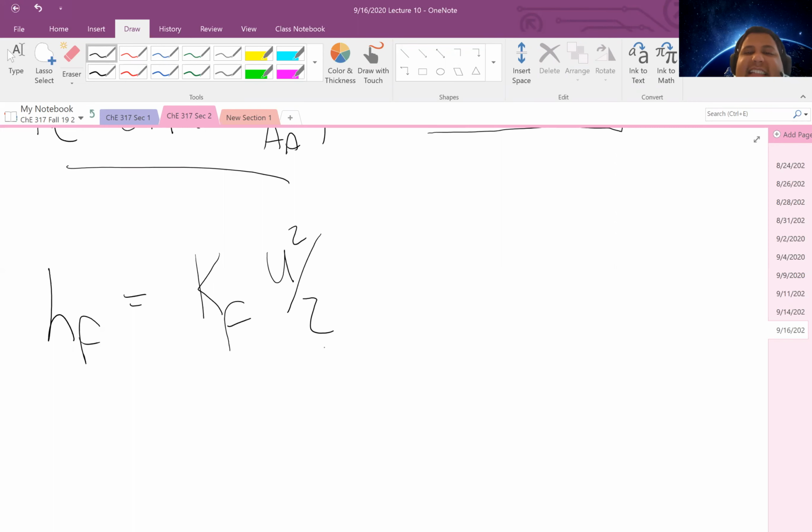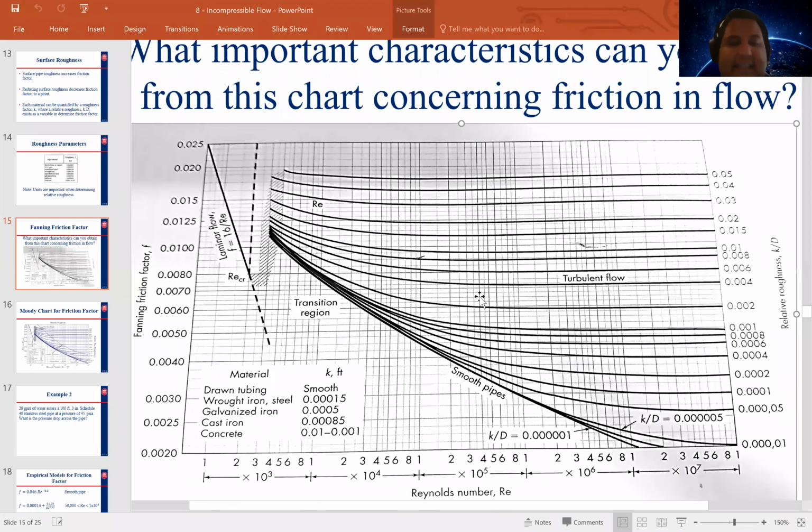It was much easier to do empirical experiments and then correlate the fittings themselves with a KF value, which means most fittings, if not all fittings, are going to have some form of KF that's reported in its specification sheet.